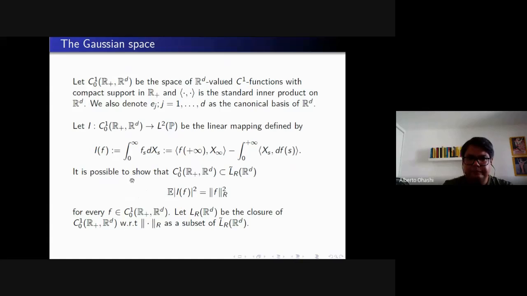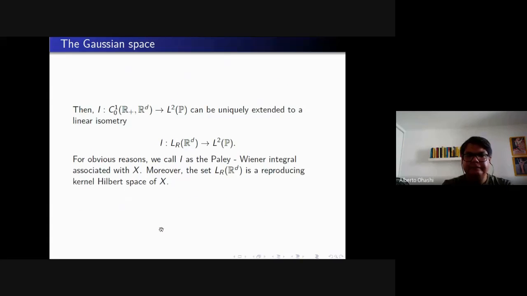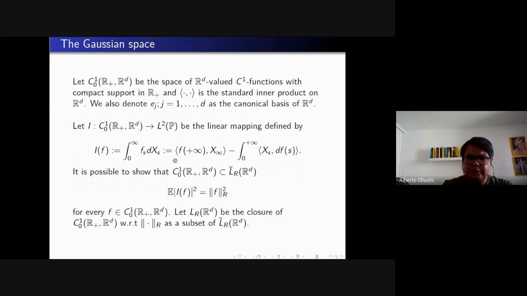So we consider L_R^d as the closure of the set of smooth functions, C1 functions with compact support, with respect to this norm. And then, because of that relation, this is our definition of the kind of stochastic integral when f is smooth.